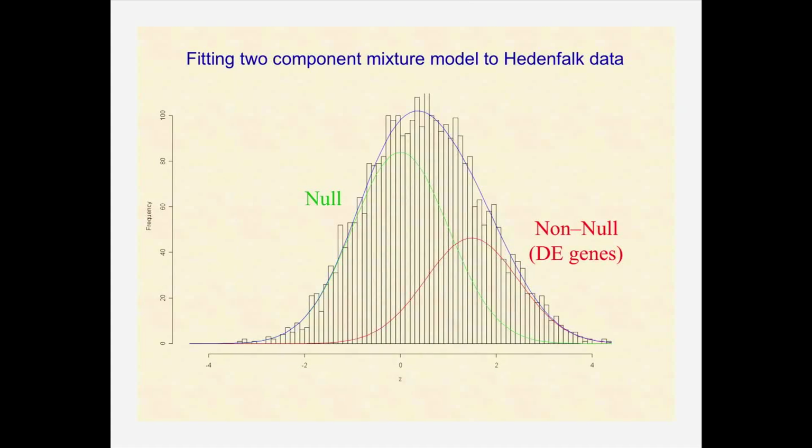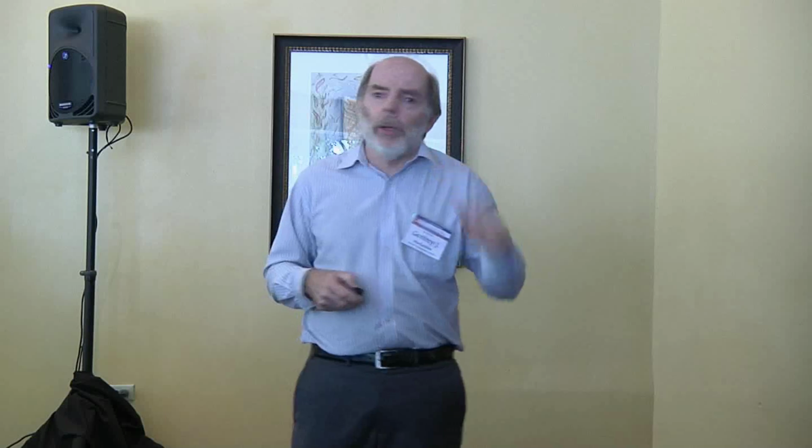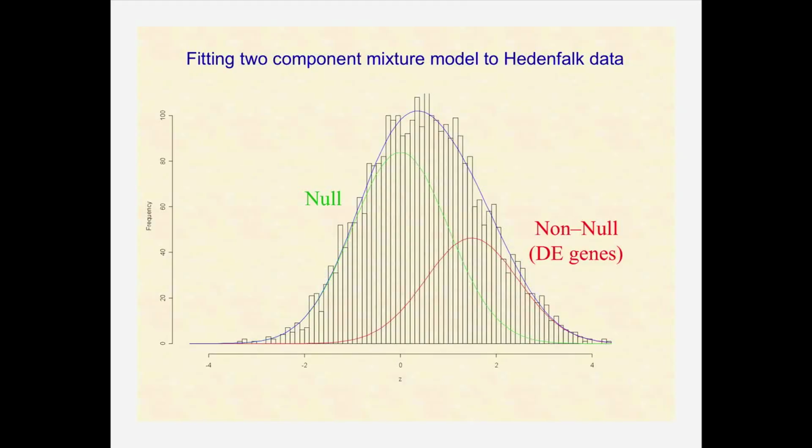The green curve is the standard normal weighted by pi naught, the estimate of pi naught, and the red curve, remember we're only using one single normal to handle the non-differentially expressed genes, is weighted by 1 minus pi naught, and this is the overall fit that we get. And if we're unhappy with the fit, then we could fit an extra normal or two. Or if we had genes out here, we could truncate them and then fit mixtures of truncated normals.